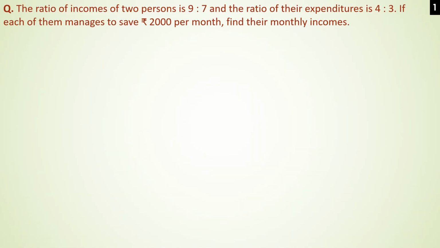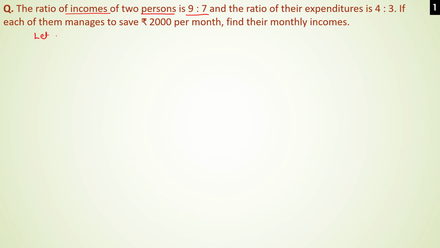Let us see a word problem which we are going to solve by using the elimination method. The ratio of incomes of two persons is 9:7.